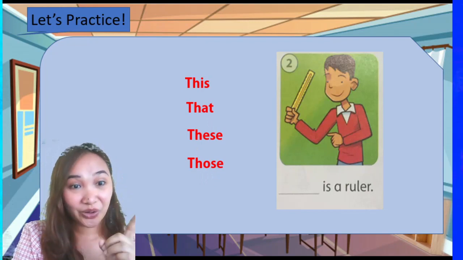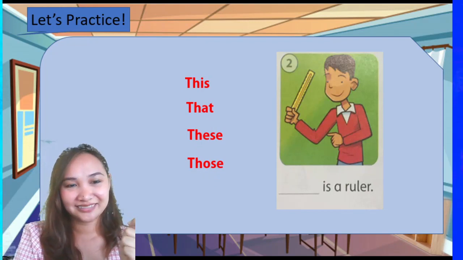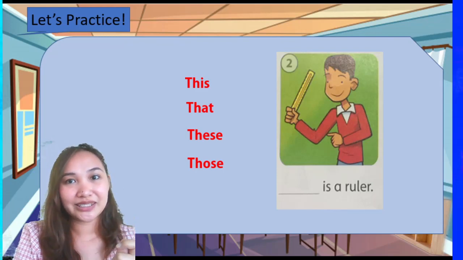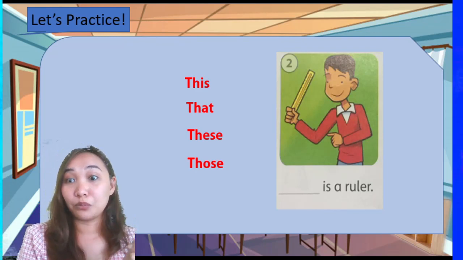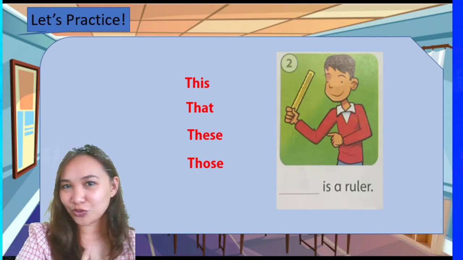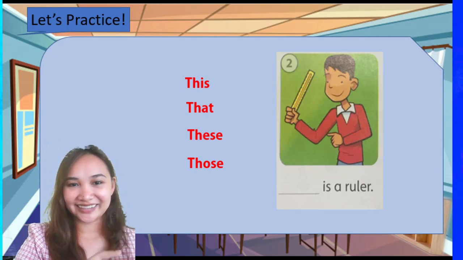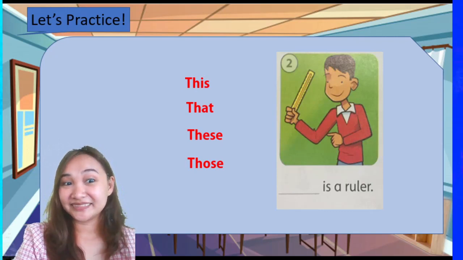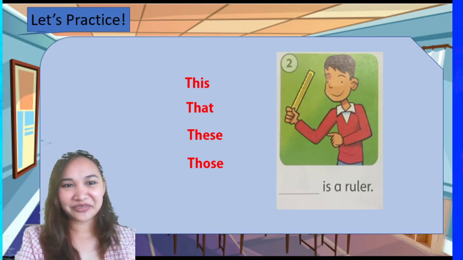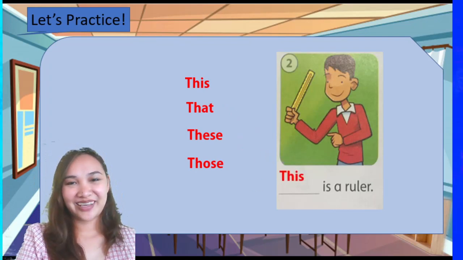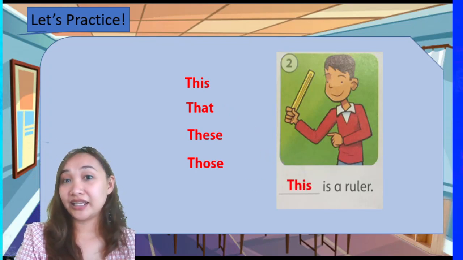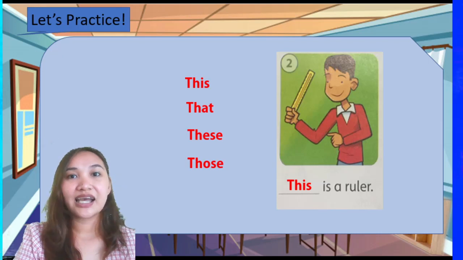Remember, the boy is holding the ruler, meaning the ruler is near, close to the boy. What do you think he will say? Let me hear it. Very good. He says, this is a ruler. Let's read the sentence. This is a ruler.